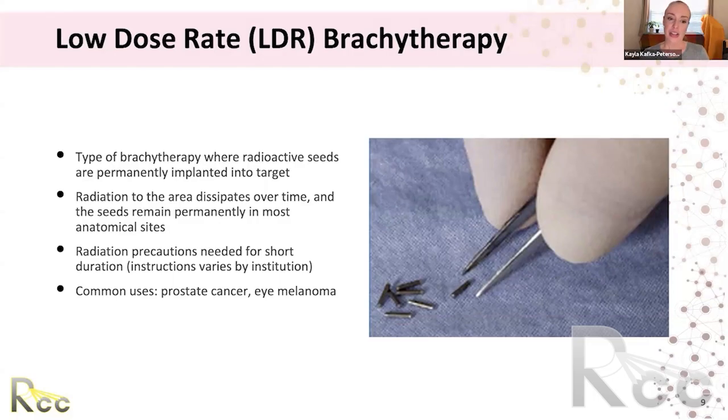Radiation precautions are needed for a short duration, but we find that the instructions do vary by institution and region of the world, but usually there are some radiation precautions that need to be taken, both for staff and for patients. And again, this is commonly used for prostate cancer. The only place in my practice that we do this is for eye melanomas and eye plaques. The rest of what we do is HDR, and this talk will focus on HDR.